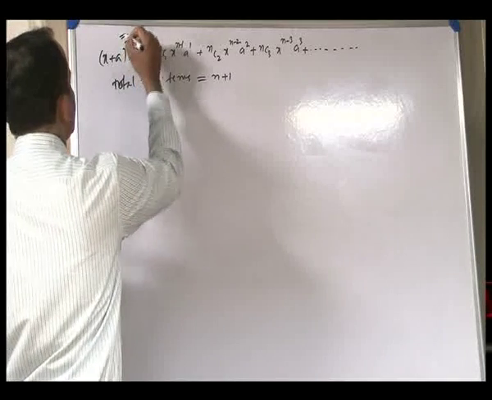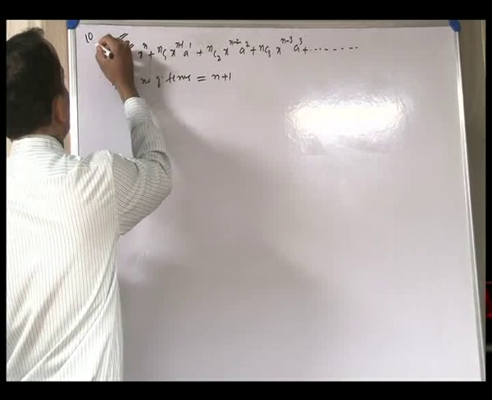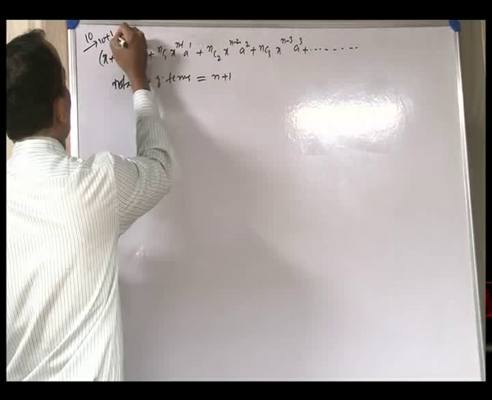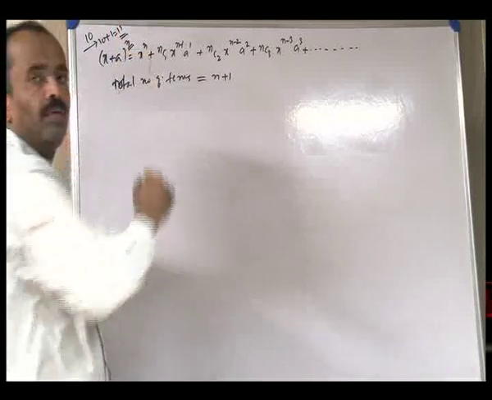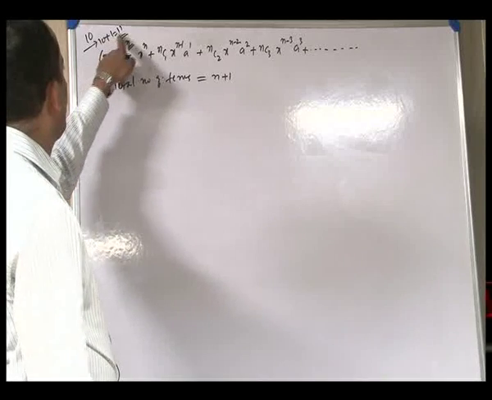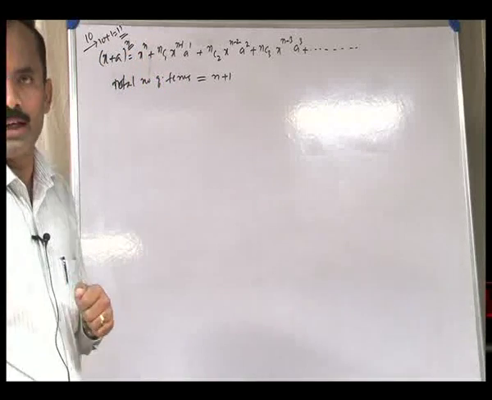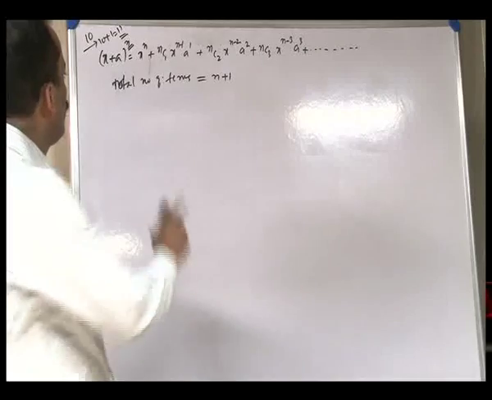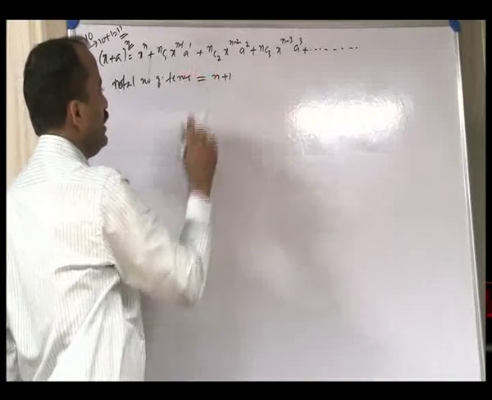Suppose the power is 10, then the terms are 10 + 1, that is equal to 11 terms in the expansion. So the total number of terms in the expansion is n + 1.